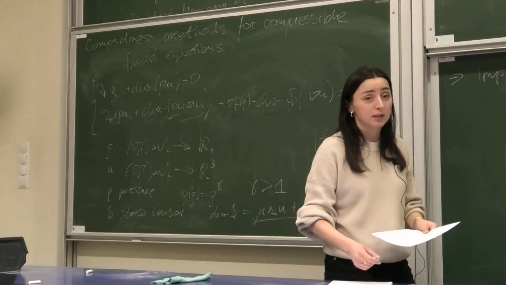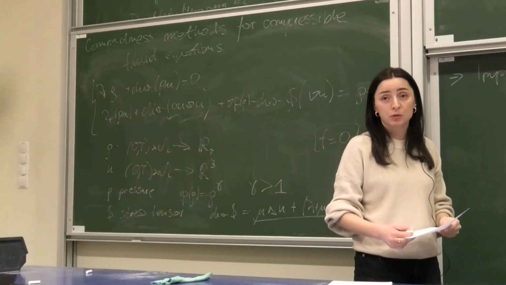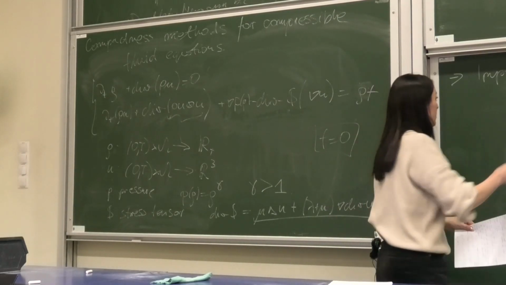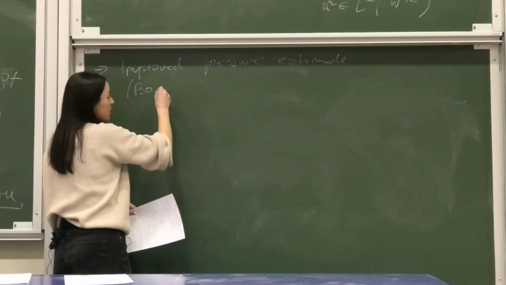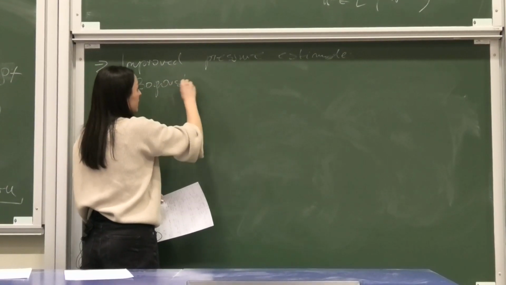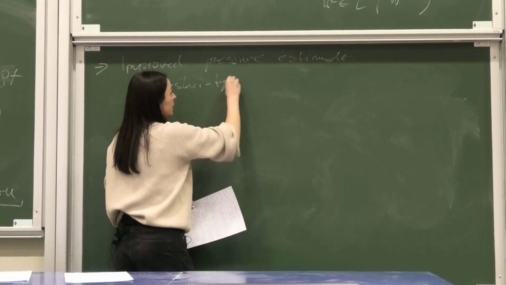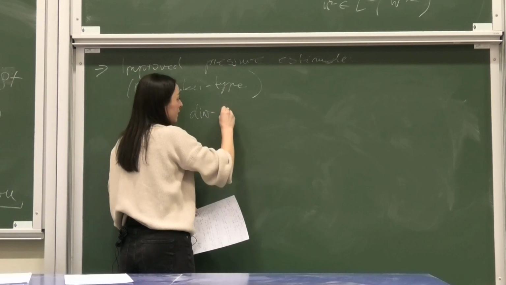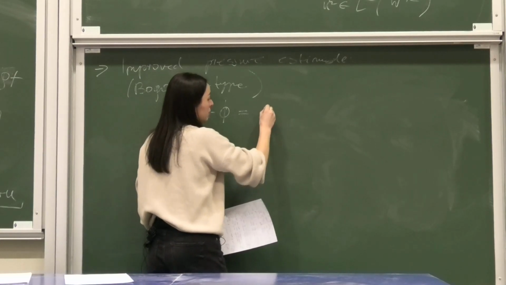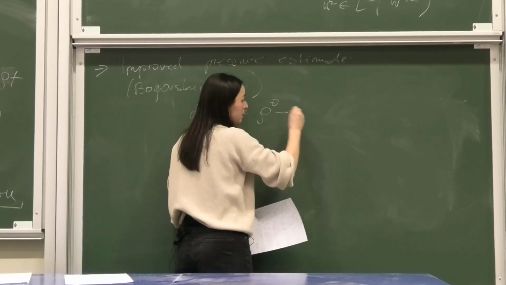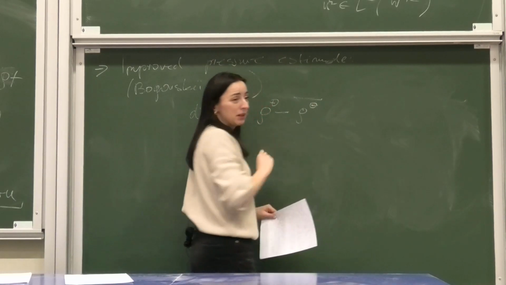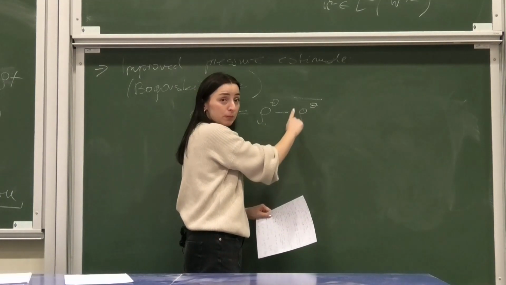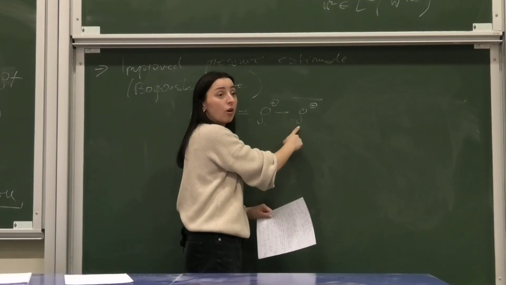but the Bogovskii operator would be one way to invert this divergence operation. So let's say a Bogovskii type estimate, it's jargon. You test by some test function whose divergence is equal to rho to some power theta, and let's subtract from this function an average, the spatial average of the density.